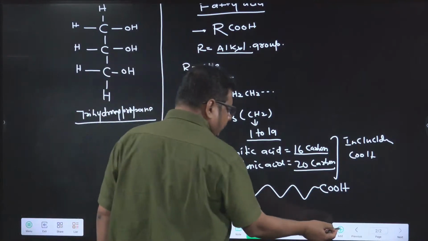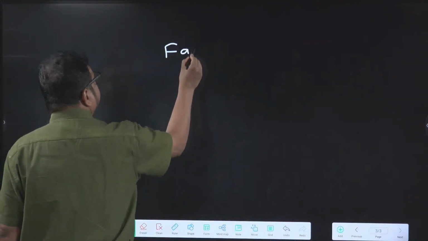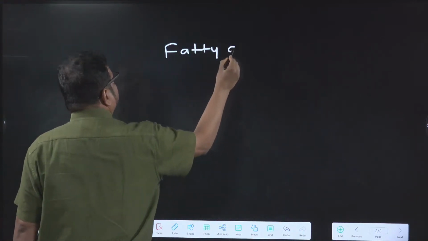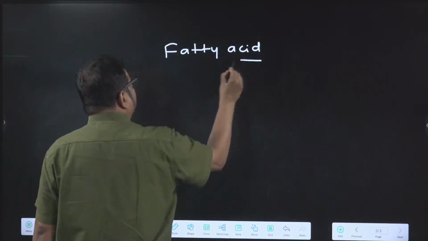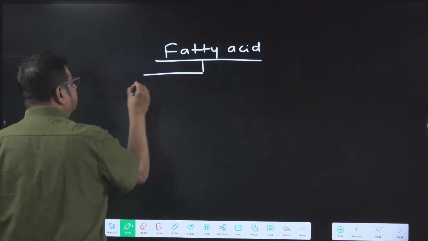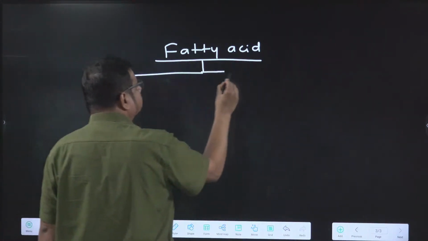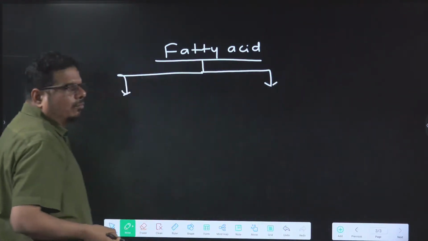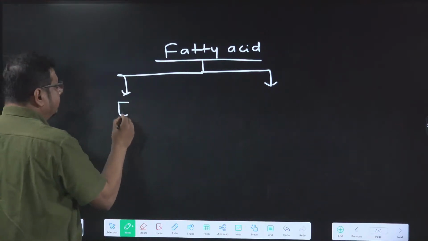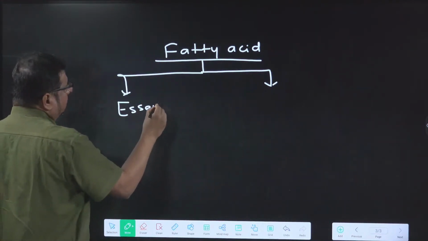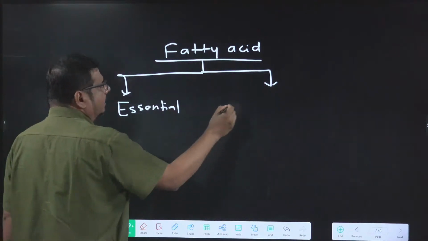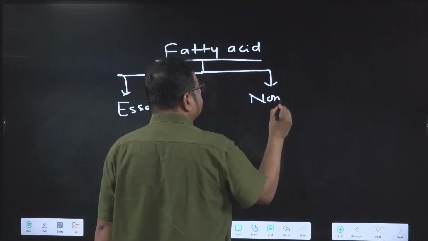So the next slide I am just changing. I am going to talk about type of fatty acid. If you talk about the fatty acid, it is of two types. One is essential fatty acid and another one is non-essential fatty acid.